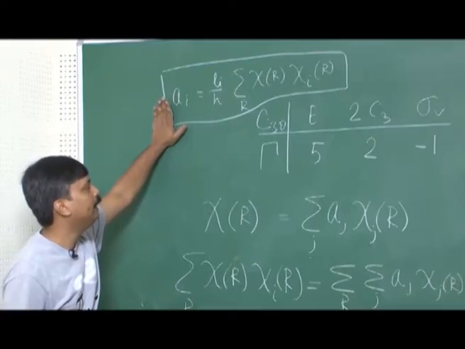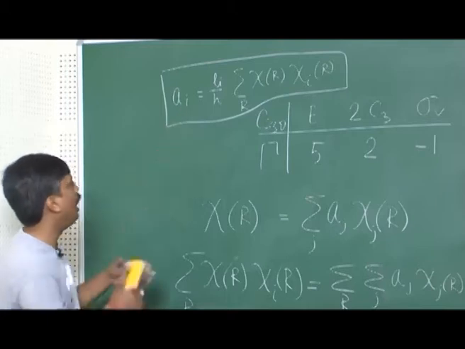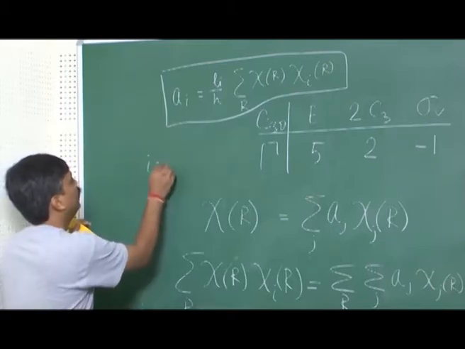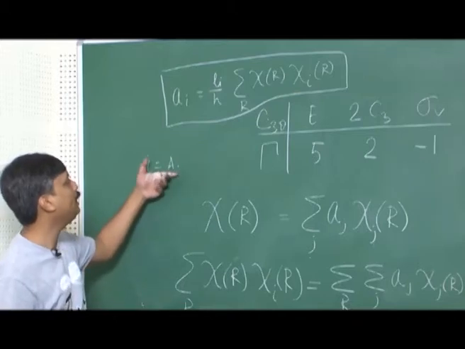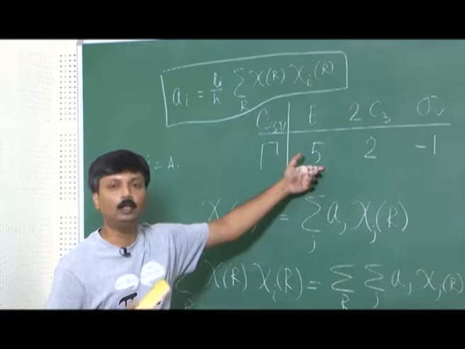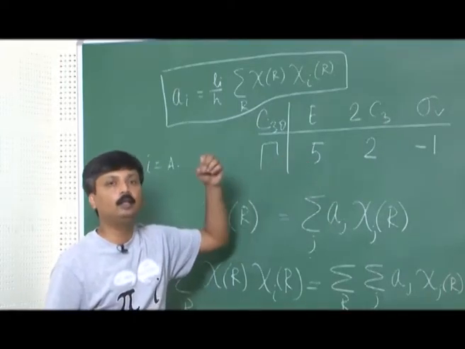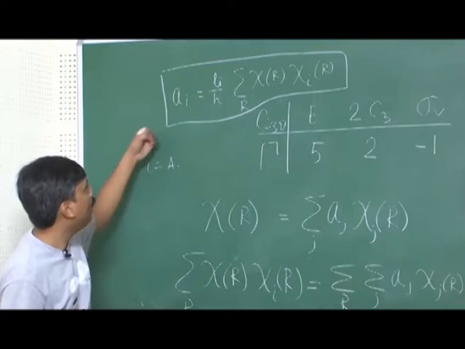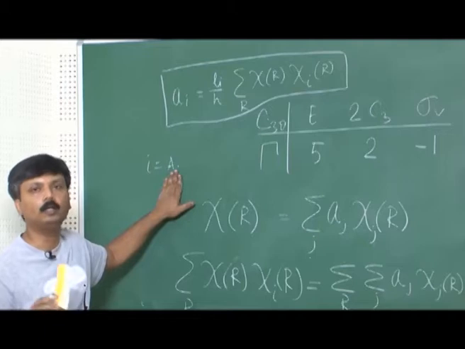It will exactly tell me how many times, suppose if i is equal to A1, then it will tell me how many times A1 will occur in this representation. In other words, if I reduce this, then a number of times A1 will occur.